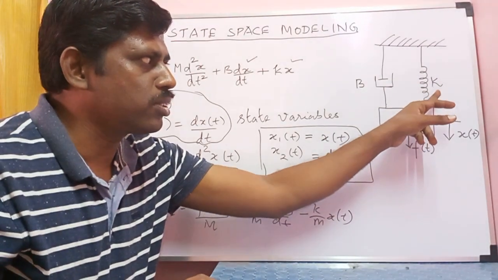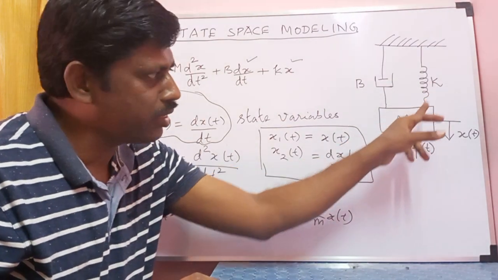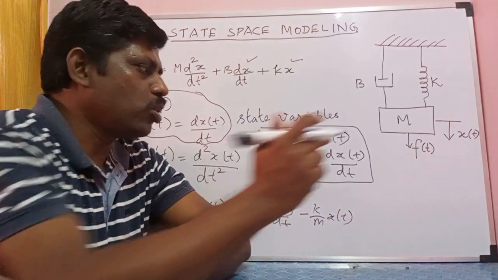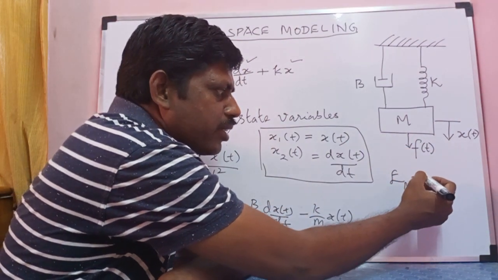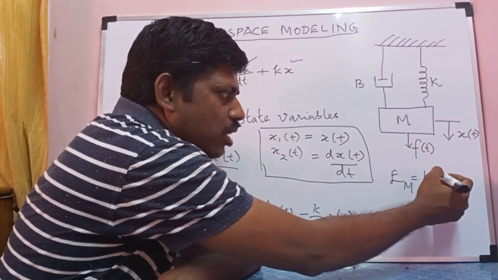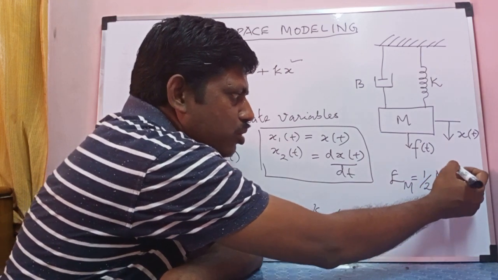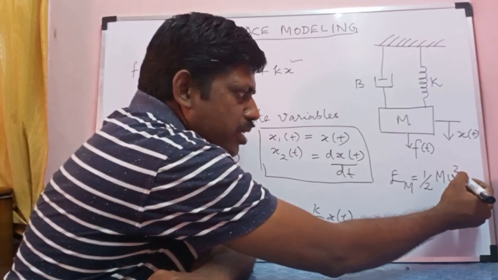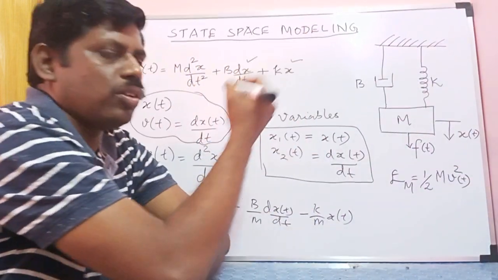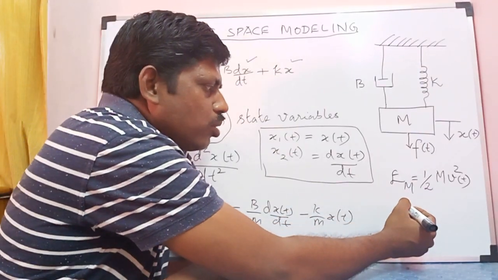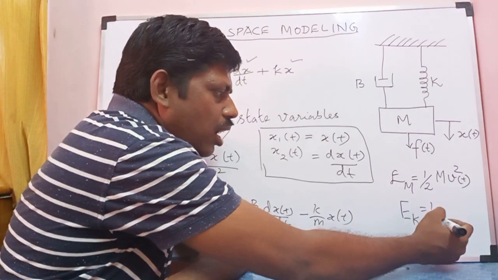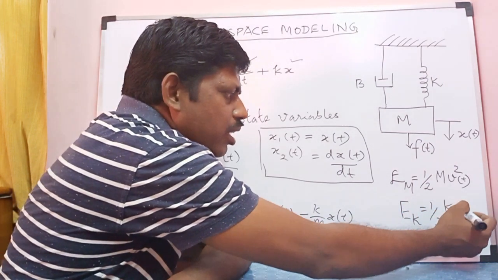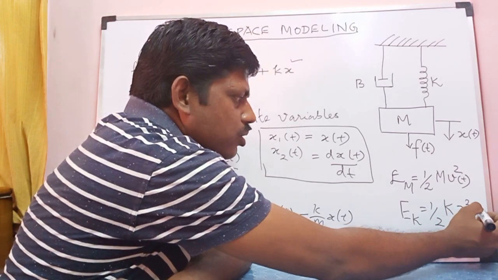They are the spring and the mass. What is the energy associated with a mass? The kinetic energy, you all know, is half m v square, so the instantaneous energy is in terms of v of t. And what is the energy stored in a spring? It is half k x square, or x of t square.